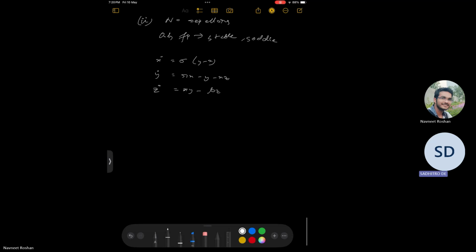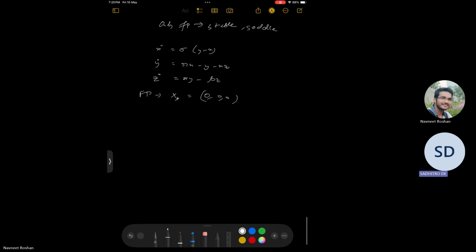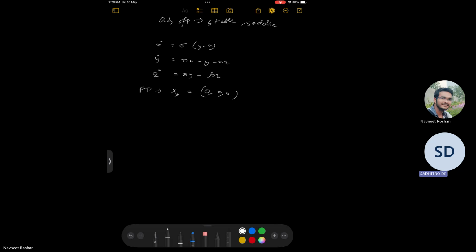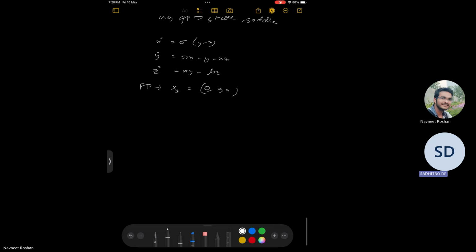Okay. So one fixed point is at the origin. This is one fixed point of the system. There can be other fixed points, which are written as x equal to y, where x not equal to 0.